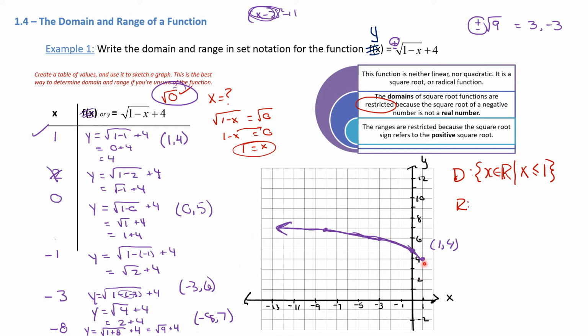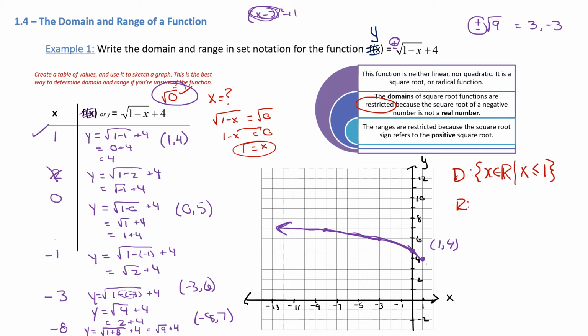So my lowest value for my range is this number, much like what it was for the quadratic. So 4 is my low number here, and all of my y values are higher than 4. In other cases we will do this, where we're actually drawing this side right here, and then it would be the y values less than 4. But we're going higher, so we've got greater than or equal to 4.